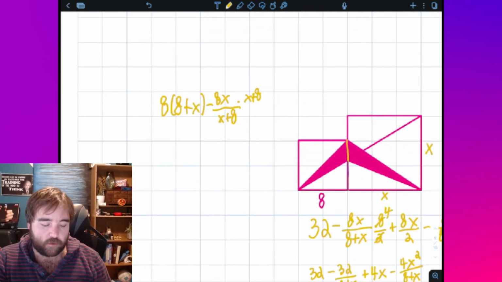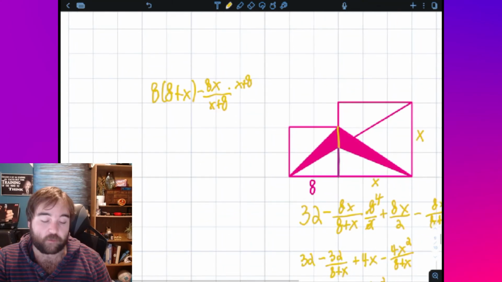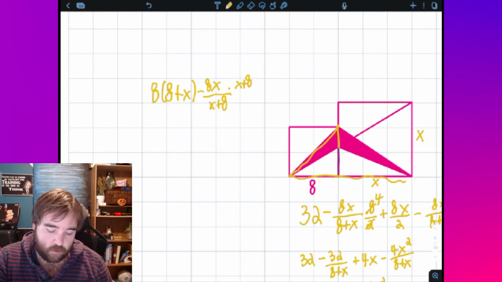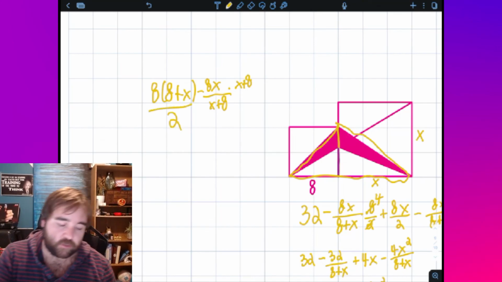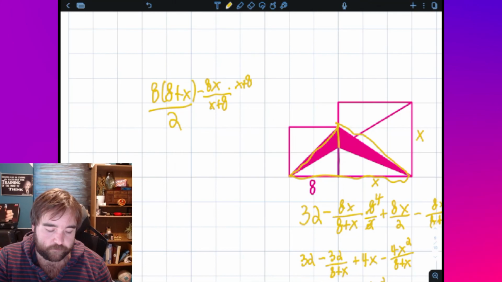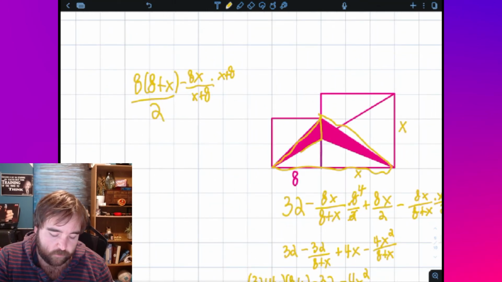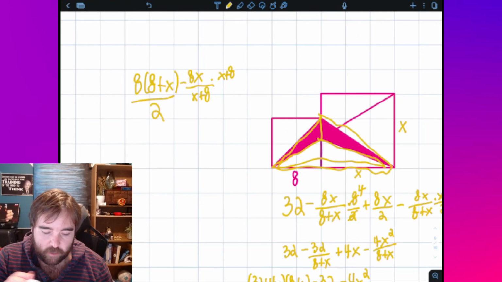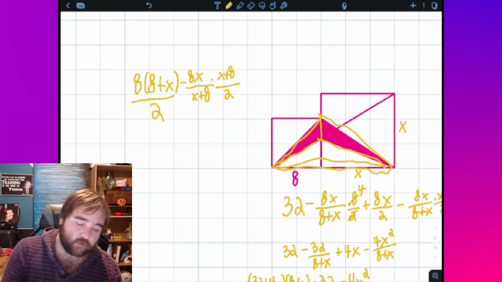It's the area of the big one, which is 8 times 8 plus x divided by 2, minus the area of the small one, which is the height, 8x over x plus 8, times x plus 8, and all of that also divided by 2.